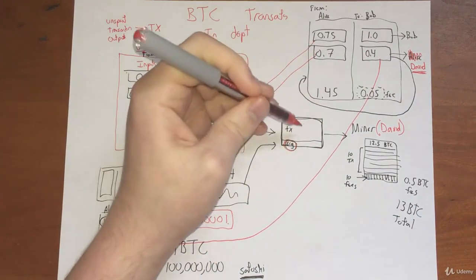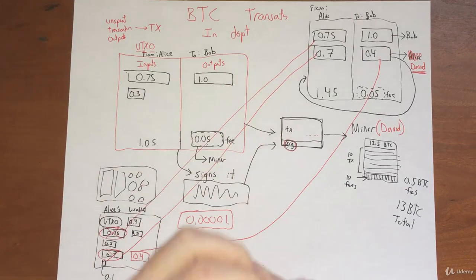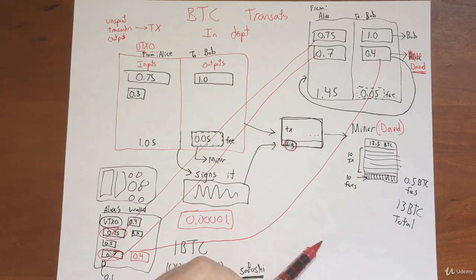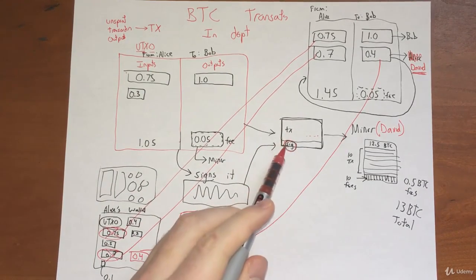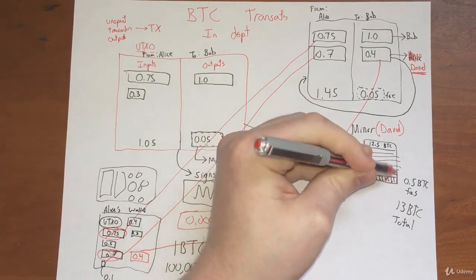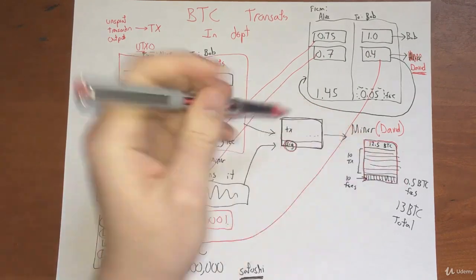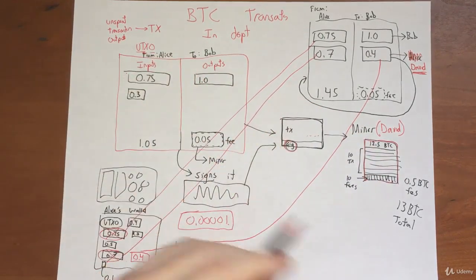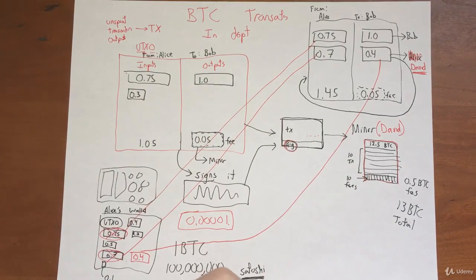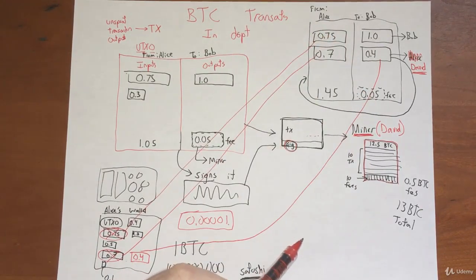That changes some of the data in the transaction. Signature is no longer valid. And so because it's no longer valid, it's going to be an invalid block. And the other miners, when they get this block from David, they're going to say, no, that transaction isn't valid. We're not going to use that block. That's an invalid block. And so that's how Bitcoin prevents a miner from stealing money from transactions.